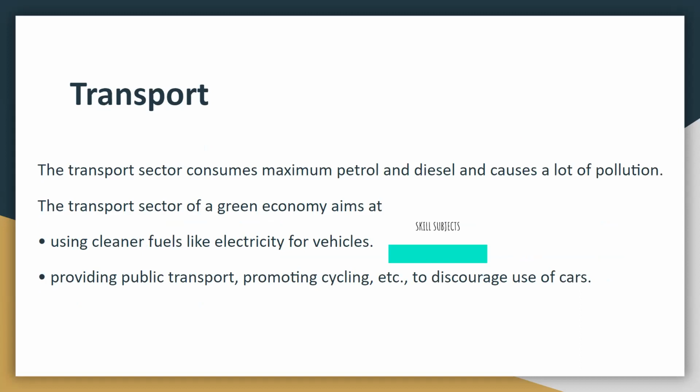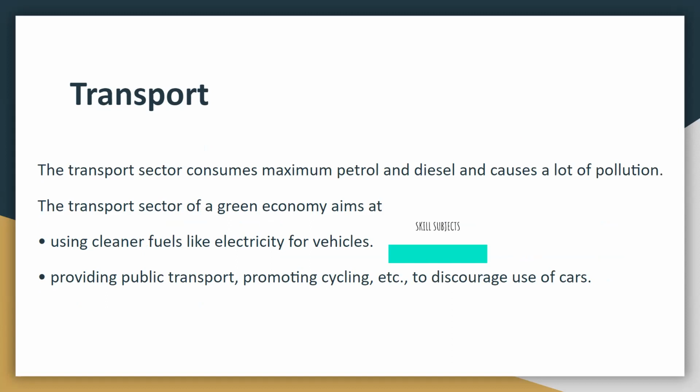Then there is transport. A country's economy grows when the public transport in that country is good, very comfortable, and convenient for the people. Now, if the transport system is very convenient, there is lesser use of petrol as well as diesel, because these are the things that cause pollution.